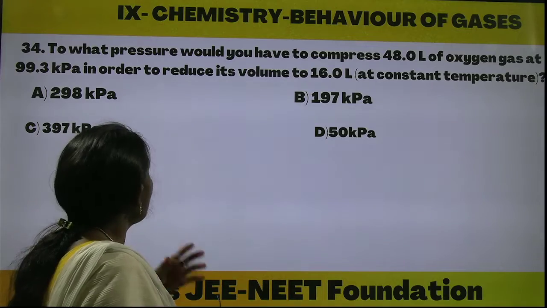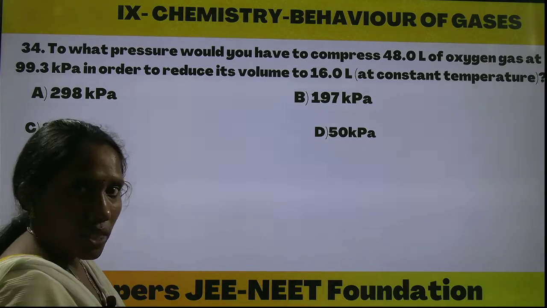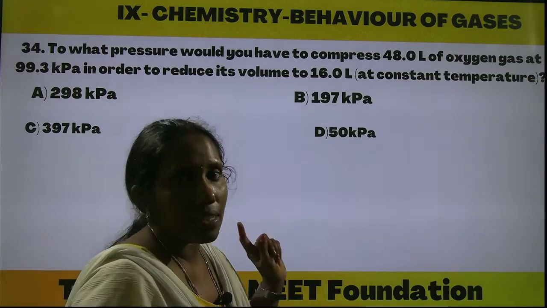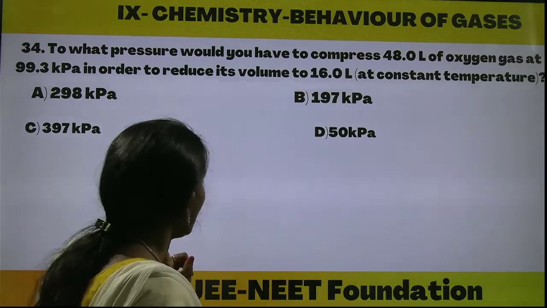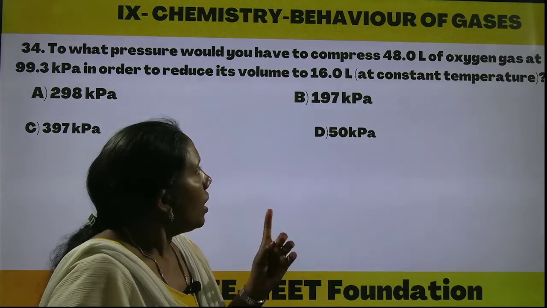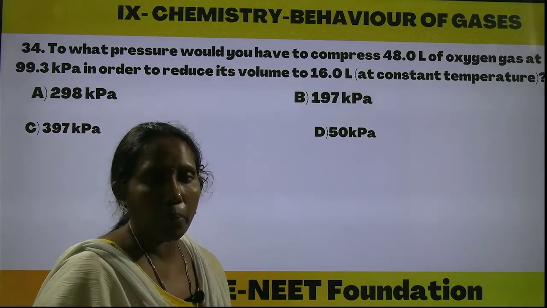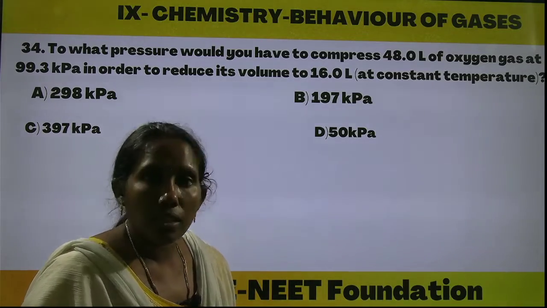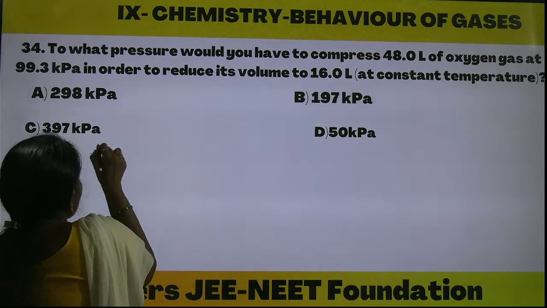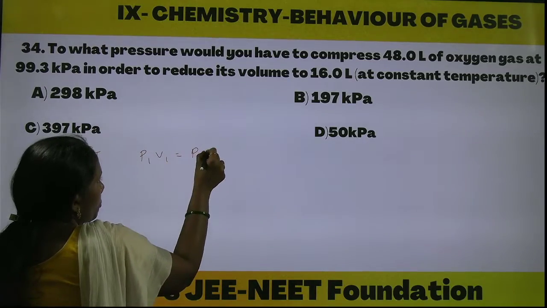To what pressure would you have to compress 48 liters of oxygen gas at 99.3 kilopascals in order to reduce its volume to 16 liters at constant temperature? Obviously, constant temperature means it is Boyle's law, so P1 V1 equals P2 V2.